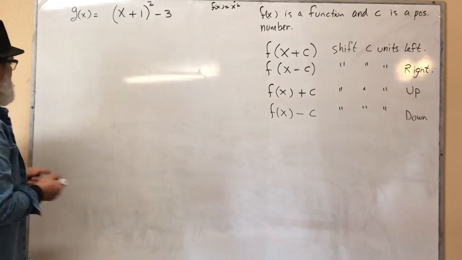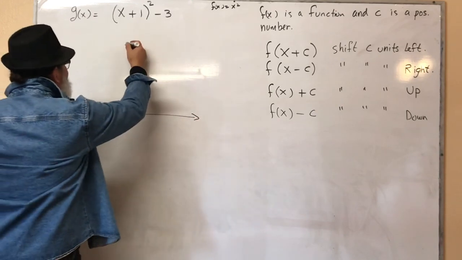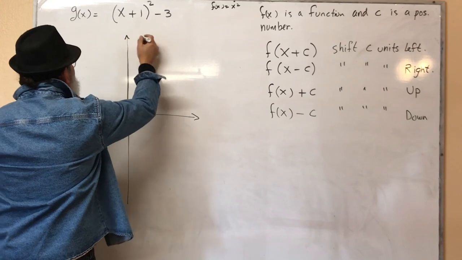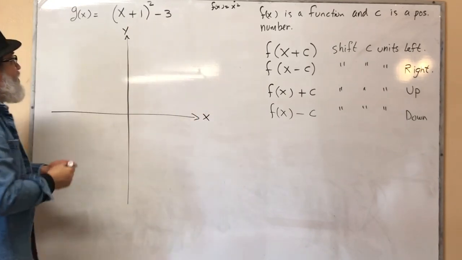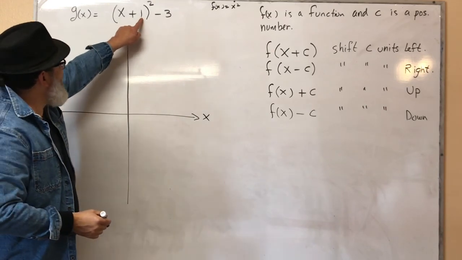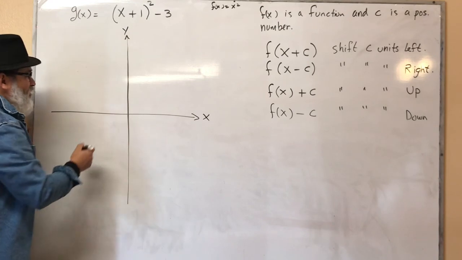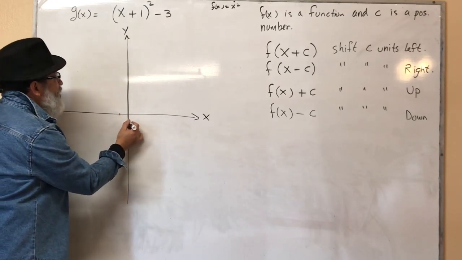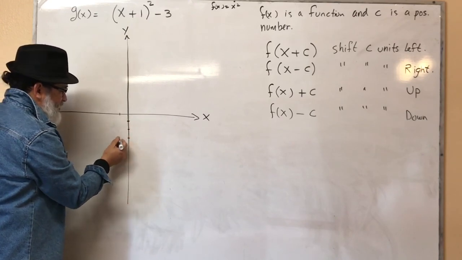Okay. Let's graph it. One unit left, 3 units down. One unit left, and 3 units down.